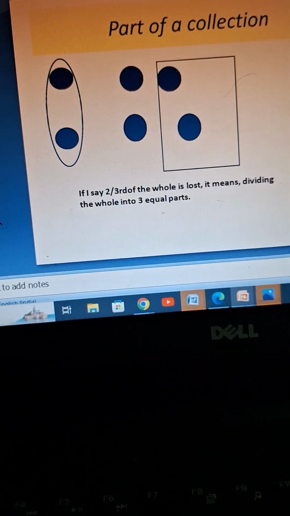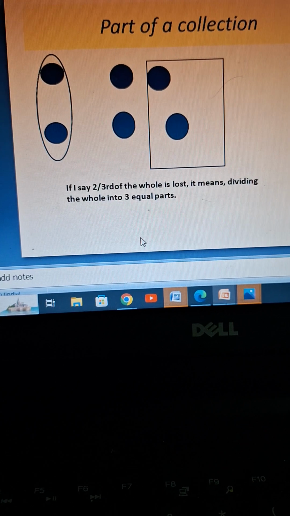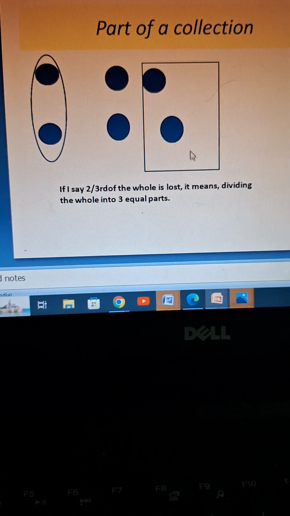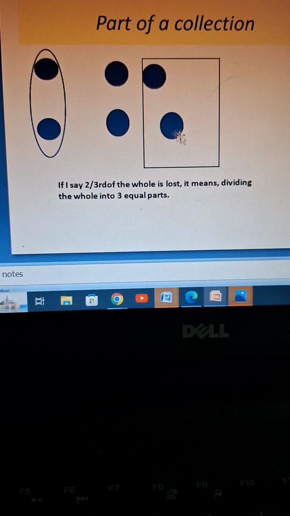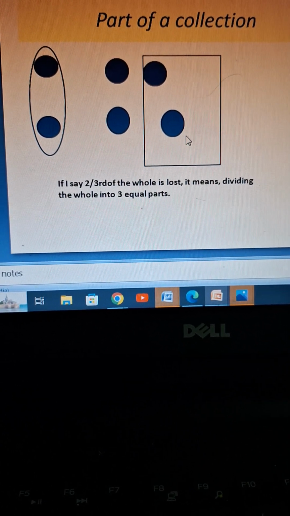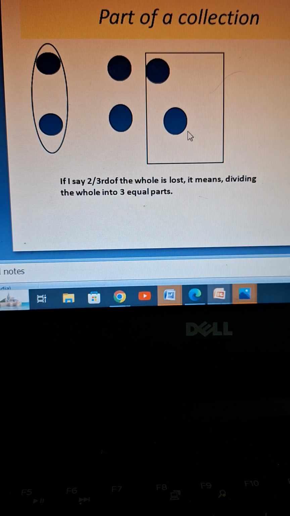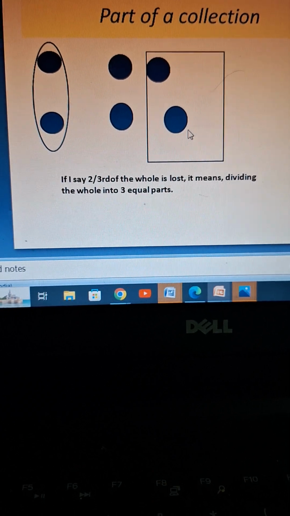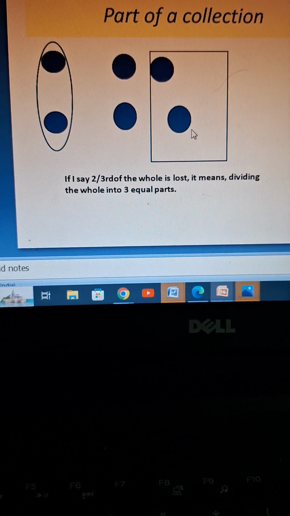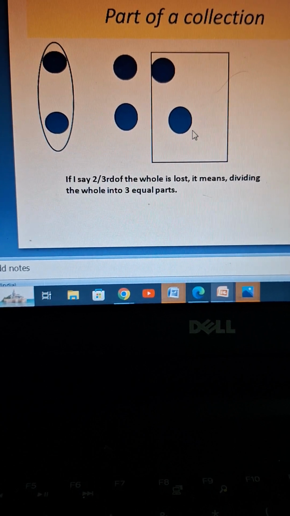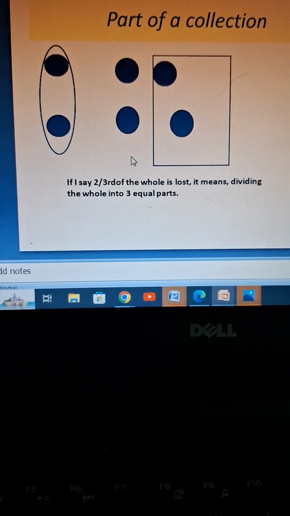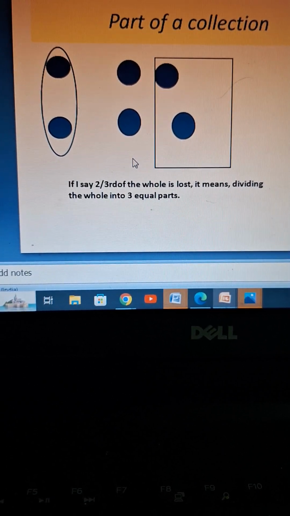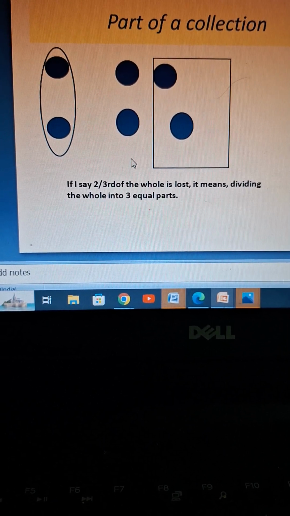Here we can see part of a collection. In this collection, how many marbles are there? 1, 2, 3, 4, 5, 6. If someone says, give me 2/3 of your collection, the 3 says that the 6 marbles are divided into 3 equal parts.